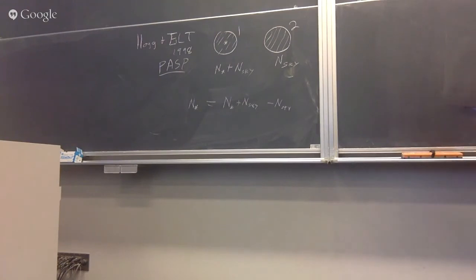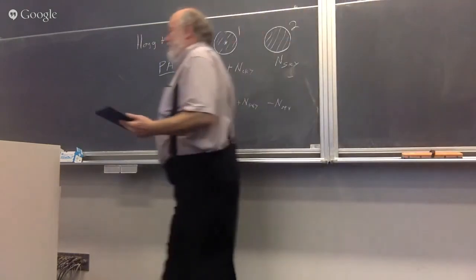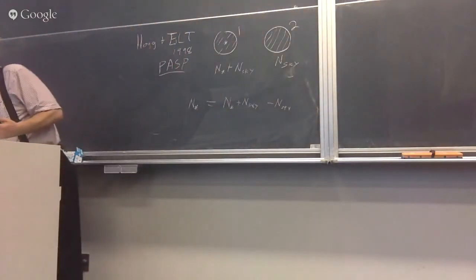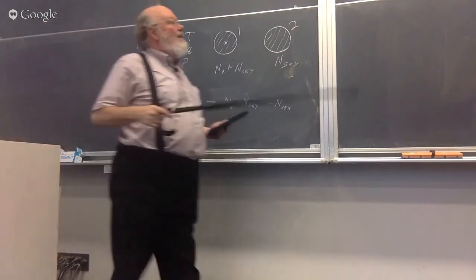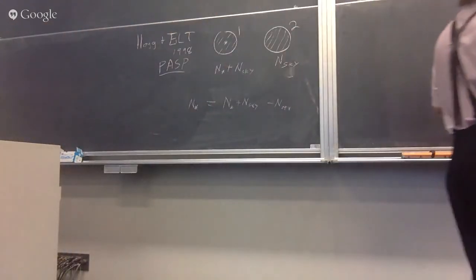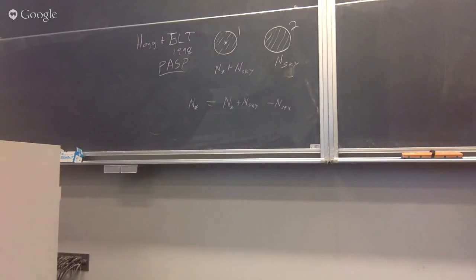as probably most of you already know, this term is the likelihood or the evidence. That's the prior we talked about. This is the posterior.